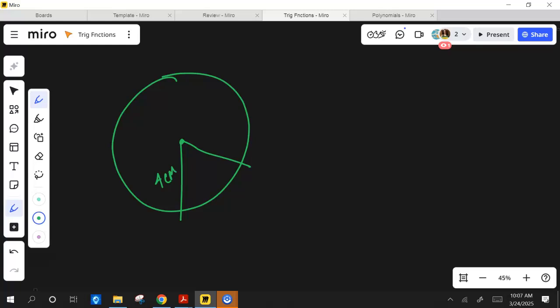The radius is 4 centimeters, and then theta here is going to be 74 degrees. And I want you to find the area of that. Mark, set, go.